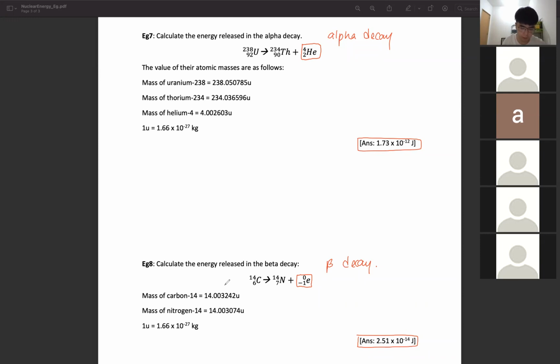Right, I give you a few minutes to finish these two. You check the answer. If you don't get the answer, or if you have problems solving it, let me know, and then we'll go to the next part.